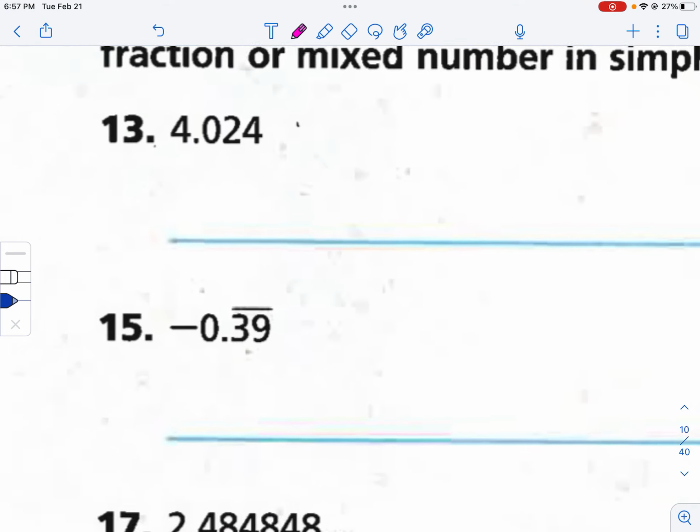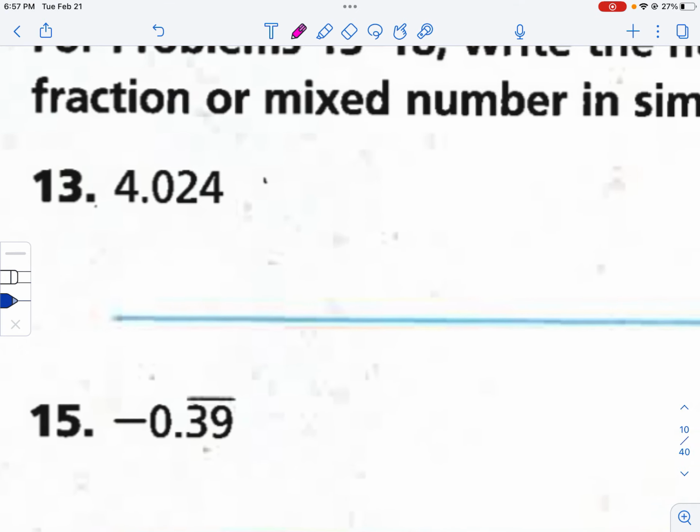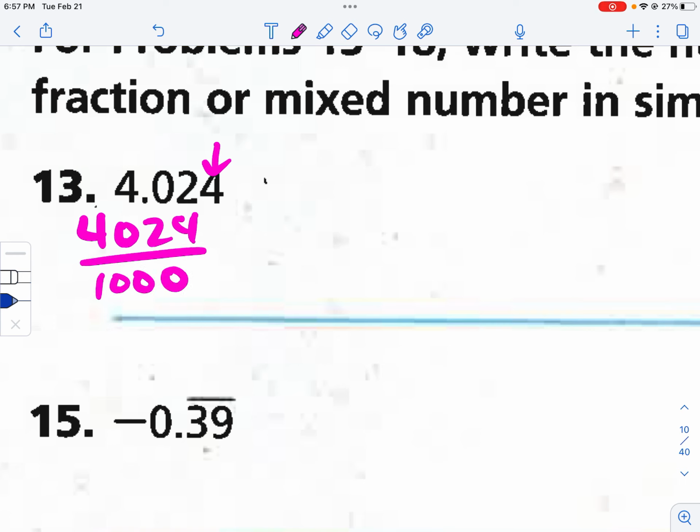Okay, so we're going to write this as, I do not like mixed numbers. 0.024. This is the thousandth spot, so this is going to be 24 over 1,000. Let's see. Does 4 go into 1,000? Let me think. Yes, 4 will go into 1,000. So I'm going to divide by 4 on top and bottom.